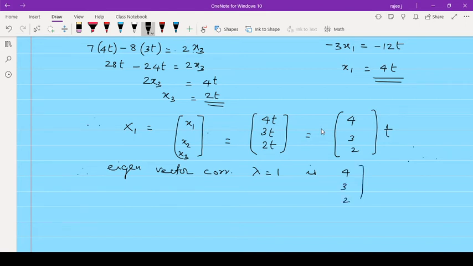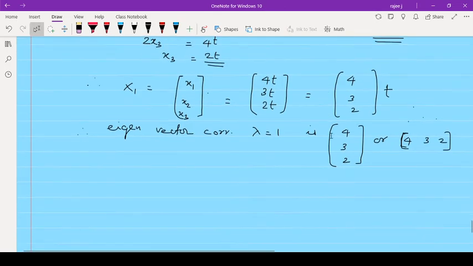This can be a column vector or a row vector, depending on how we are writing it, or the transpose of 4, 3, 2, that means a row vector also. So this is the first one.